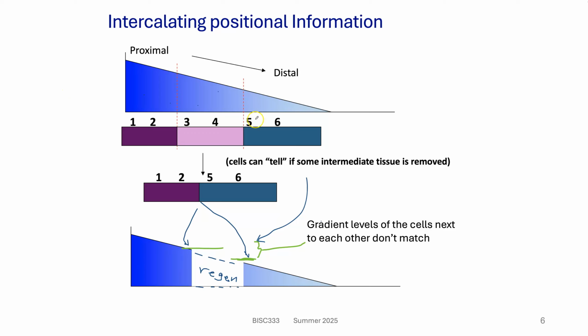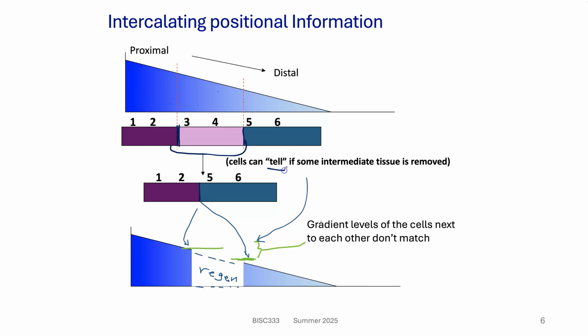Okay, so this is an example of an unnatural kind of amputation. If you cut here and just remove this part and graft together these two pieces, then the cells that meet each other here have very different levels of signaling.